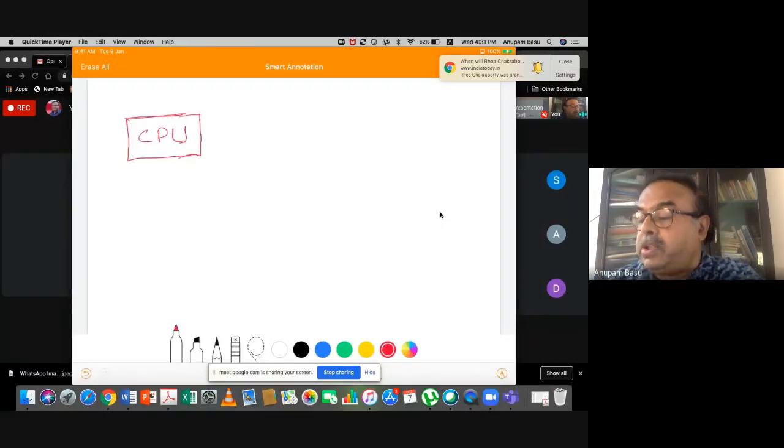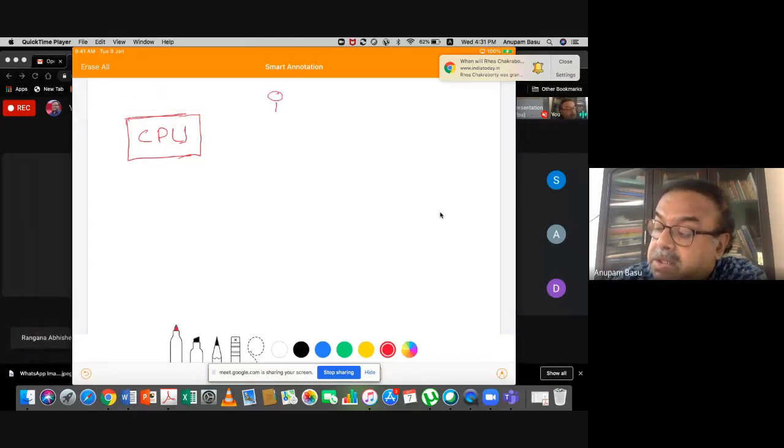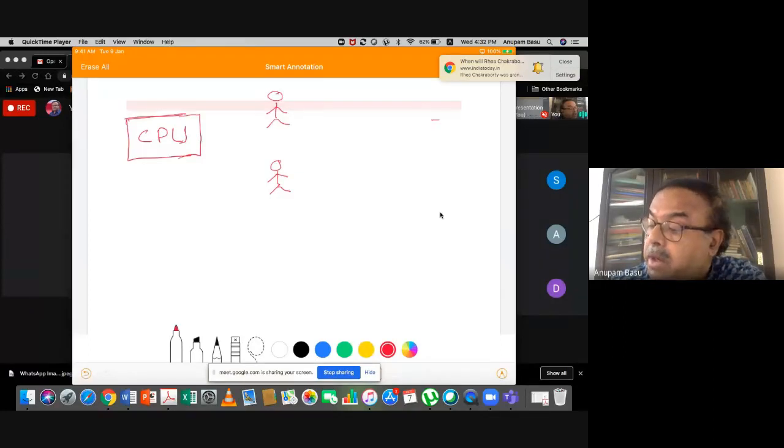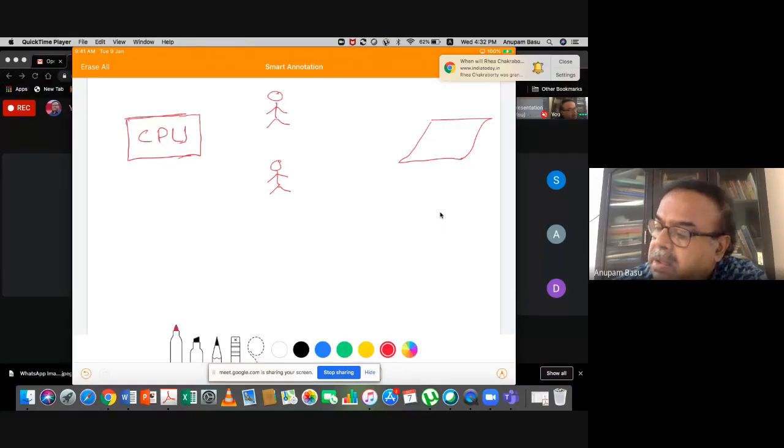It could be done through more than one CPU also. And there are two users, user 1 and user 2. And there is one printer, and maybe some other resource you can think of. Let's say the printer, or maybe a particular block of memory, whatever. Maybe the C compiler.